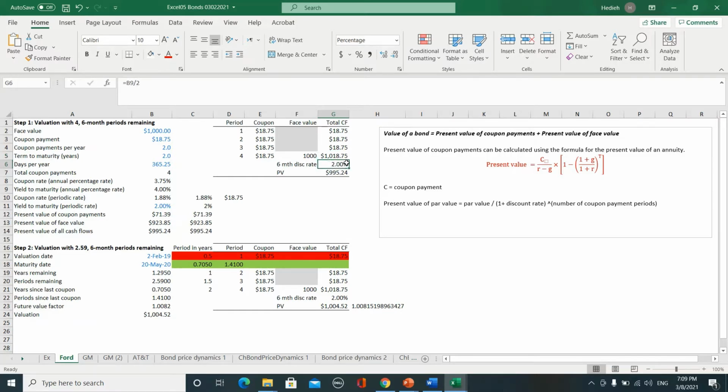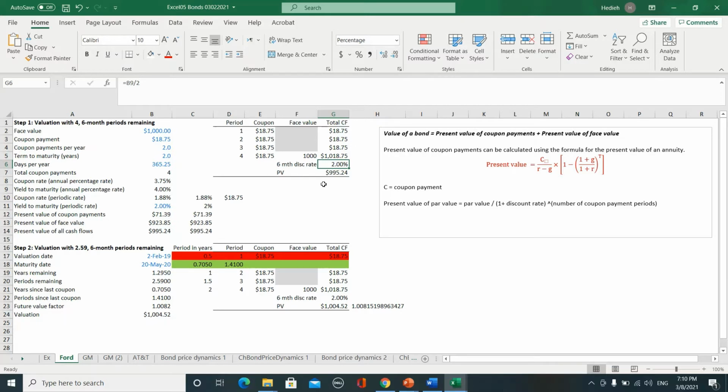The discount rate that we want to use to find the value of these cash flows should be a periodic discount rate. Each period here is a 6-month period, and we calculated the discount rate for a 6-month period. We divided the annual percentage rate by 2 and found 2%.